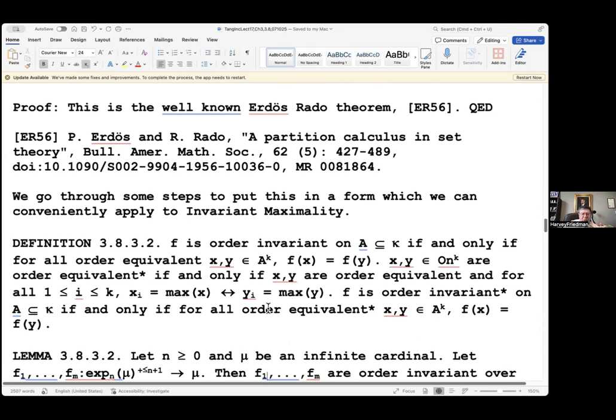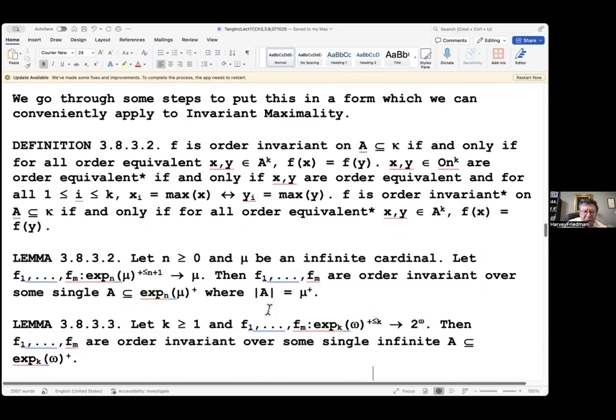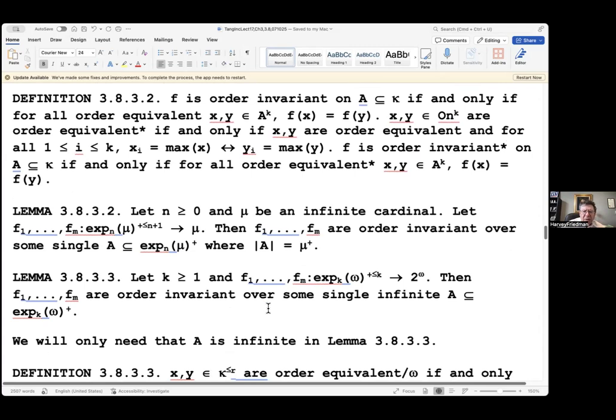All right, but in order to apply it to our situation, we need to fool a bit with this. So what does it mean to be an order invariant function? I forgot to put the dimension here. So I have a k-dimensional set over kappa, a set of k-tuples.